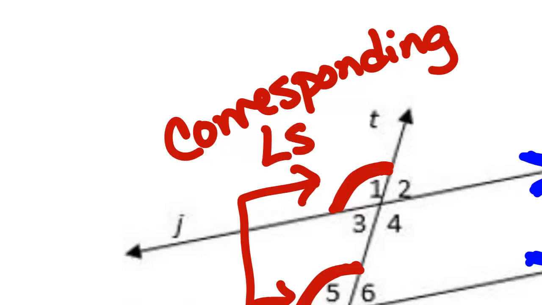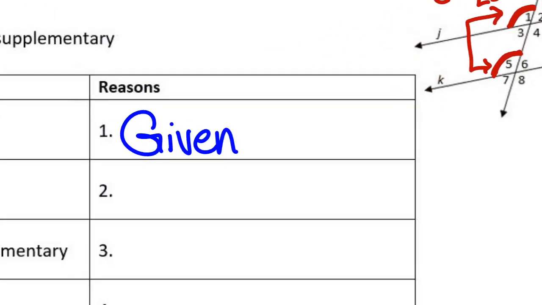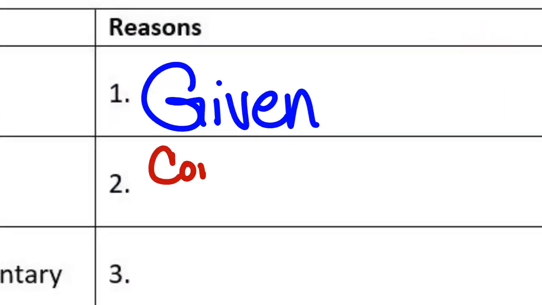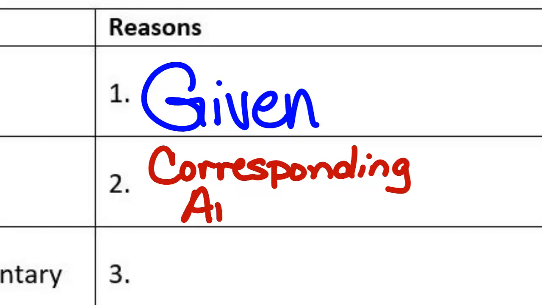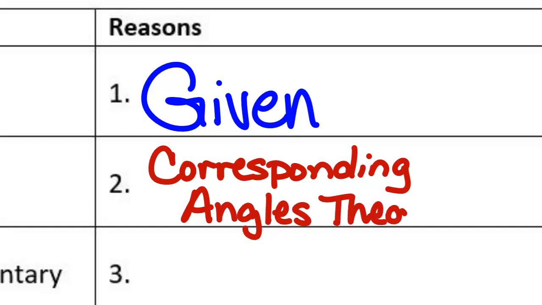So because I know the lines are parallel, these corresponding angles are congruent by my corresponding angles theorem, not the converse.